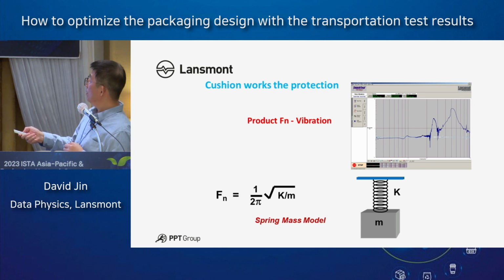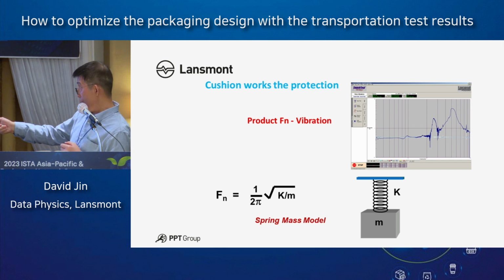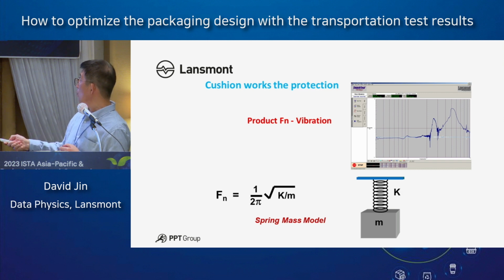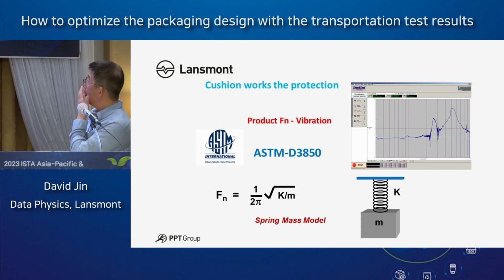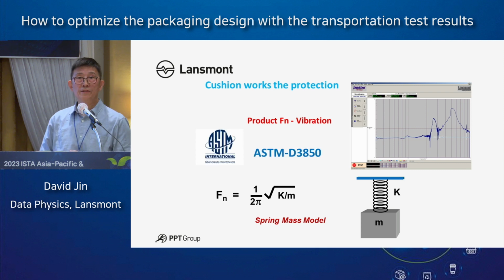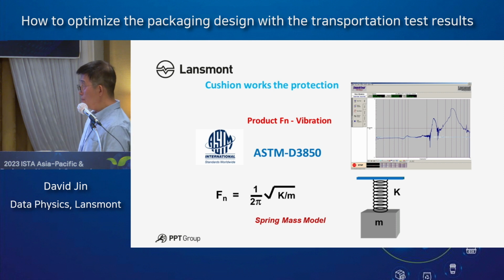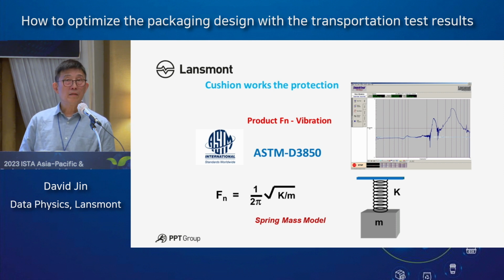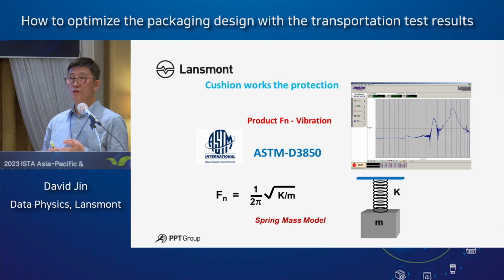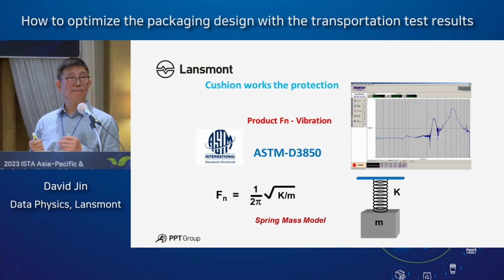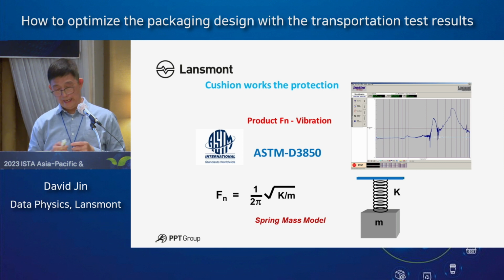So we will definitely avoid this. If the frequency is here, it is safe. We can't generate here. This is also a standard we can use: ASTM D3580. If you test your materials with that standard, you will definitely get that curve, and you can use it anytime to pick a material to protect your product like that.